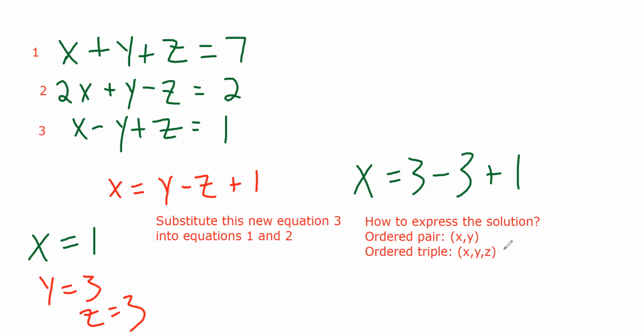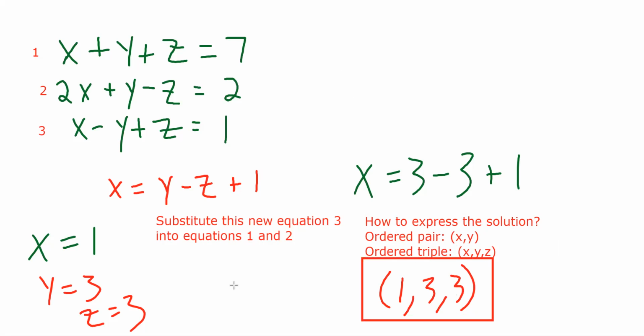If you have 3 variables, you have to use an ordered triple. And so that will be 1, 3, 3. That will be our solution. And that's literally exactly how we express it. X is 1, Y is 3, Z is 3.